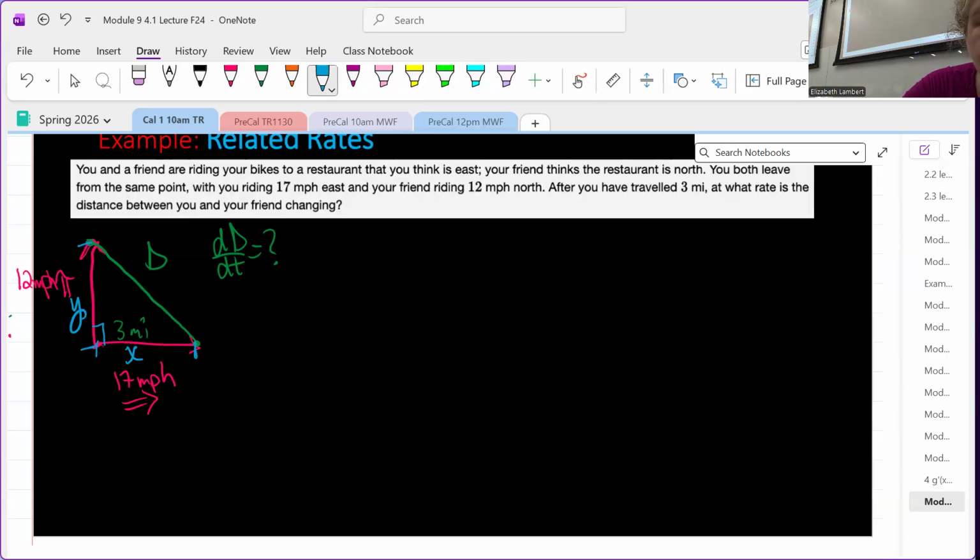Now, since I'm going north versus east, I know it's a right angle between those two directions. So this is a right triangle.